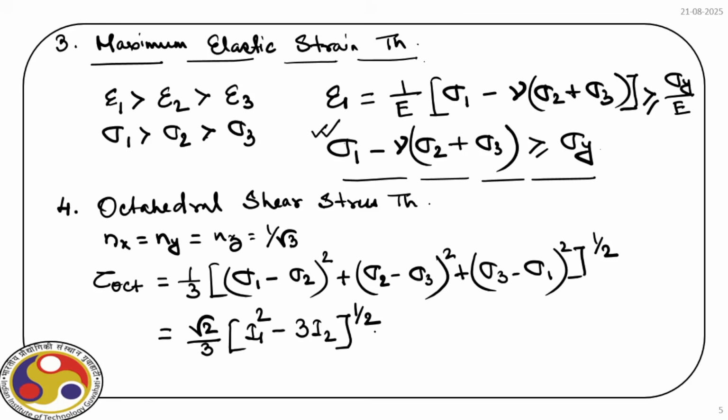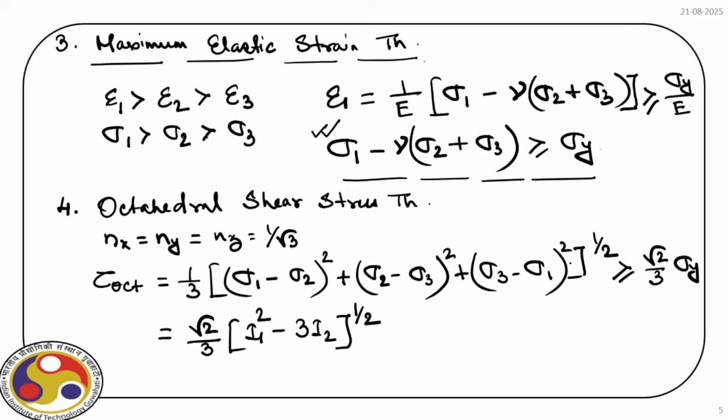So that's the applied octahedral shear stress, and we have to evaluate the limit from the uniaxial stress, and for that again we can easily find it out. So what we do, we put sigma 1 equal to sigma y and sigma 2, sigma 3 equal to 0. Then what we get is root 2 by 3 times sigma y is basically the limit, and if your tau octahedral is more than this value, the material fails, right?